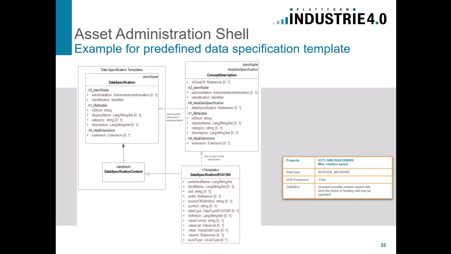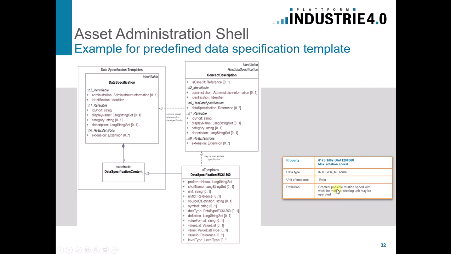So now we come to concept descriptions. Concept descriptions can be used as a reference for the semantic ID. And there are 2 predefined data specifications. Here it's one for IEC 61360. That's for describing the semantics of properties.